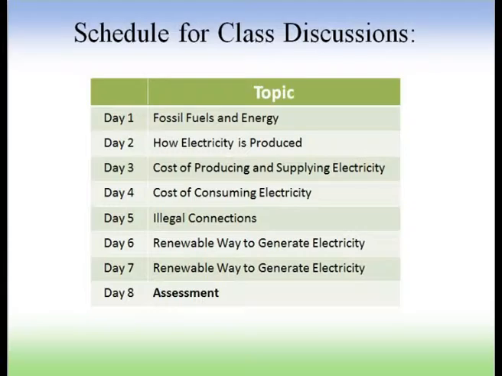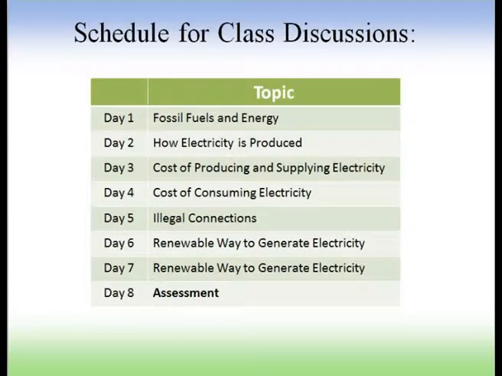The topic for day 1 will be fossil fuels and energy. The topic for day 2 will be how electricity is produced. Day 3 will deal with the cost of producing and supplying electricity, whilst day 4 will deal with the cost of consuming electricity.